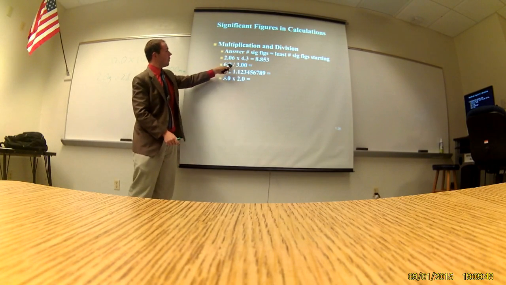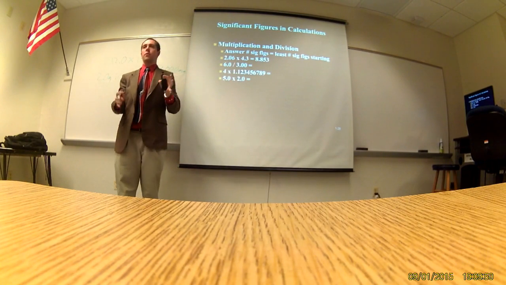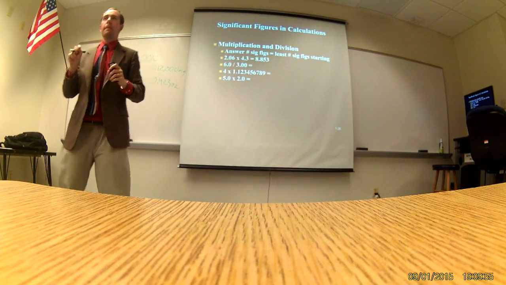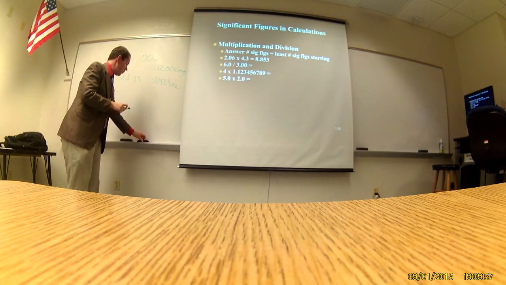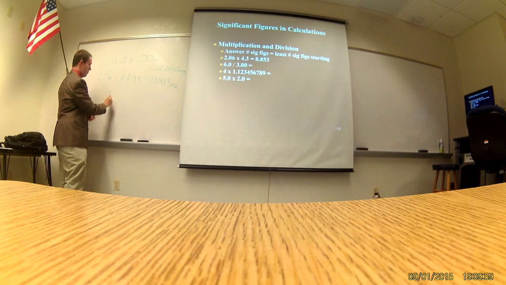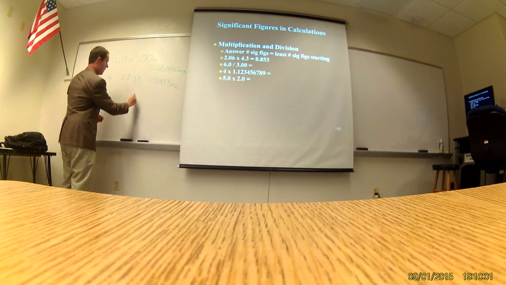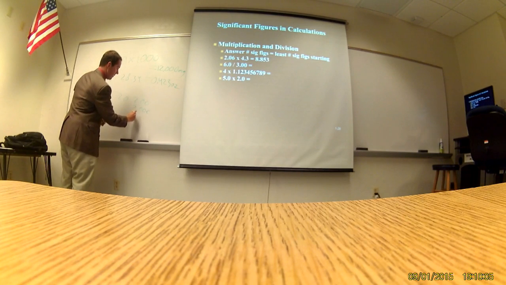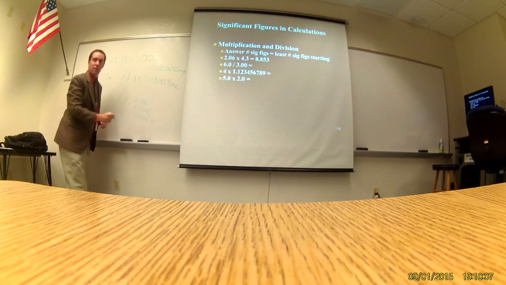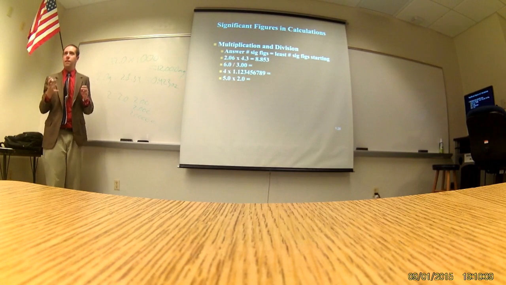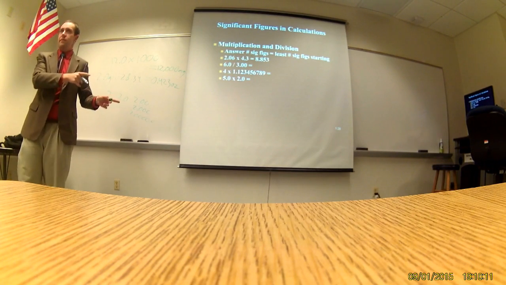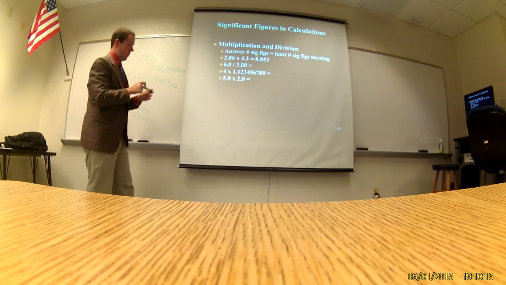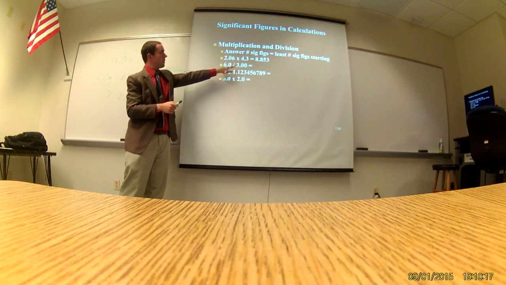What is 6.0 divided by 3.00? Just in your head, very quickly. It's 2, right? But you can write 2 as 2, 2.0, 2.00, 2.000, 2.00000. They're all 2. You have to figure out which 2 is the correct one. 2.0 has 2 sig figs, that has 3.